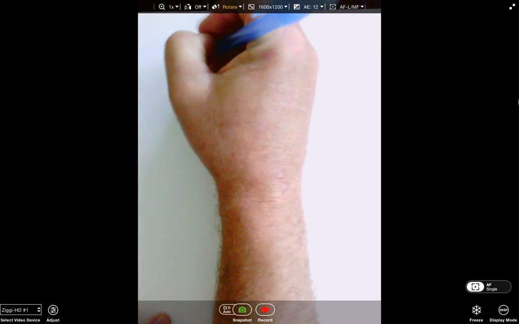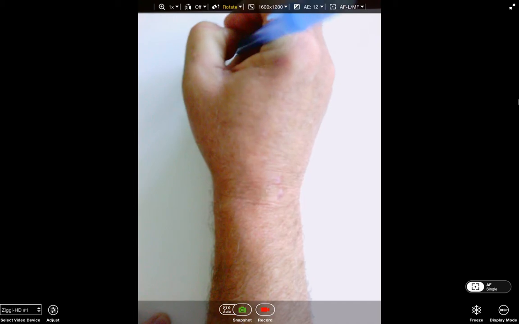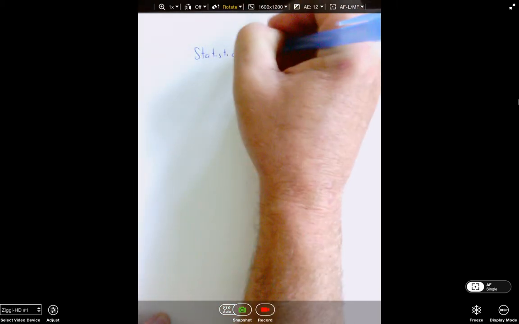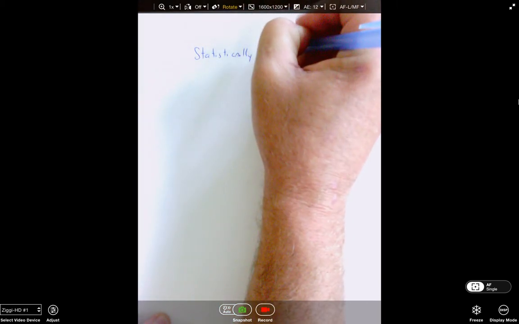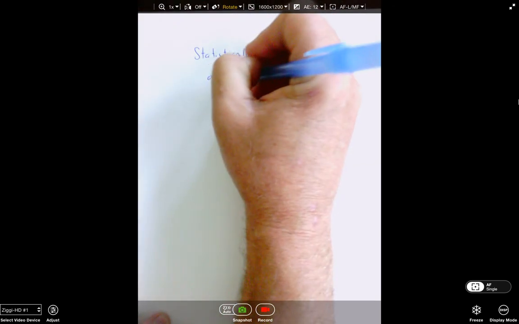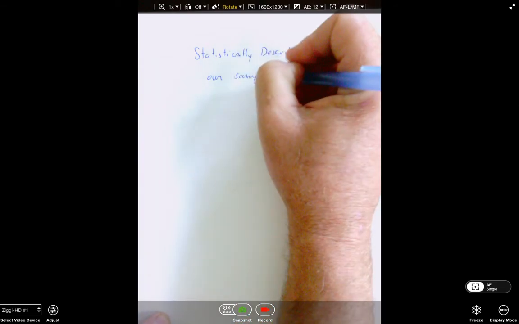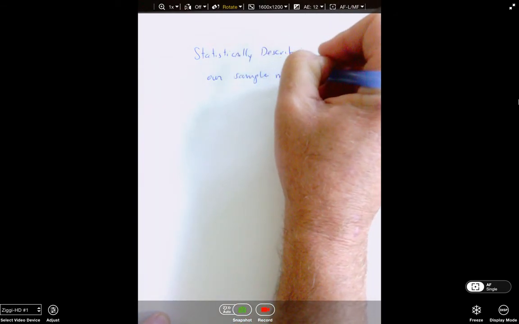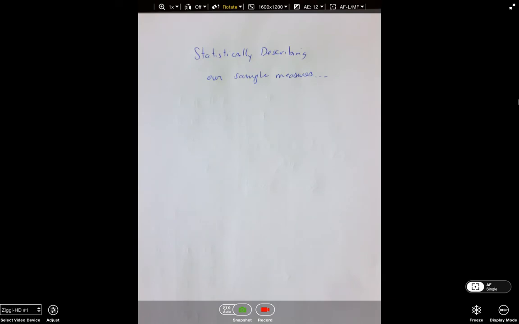What we want to be able to do in statistically describing our sample measures.